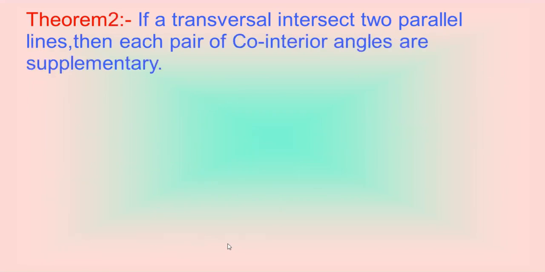Theorem 2. If a transversal intersects two parallel lines, then each pair of co-interior angles is supplementary. AB line is parallel to CD line.